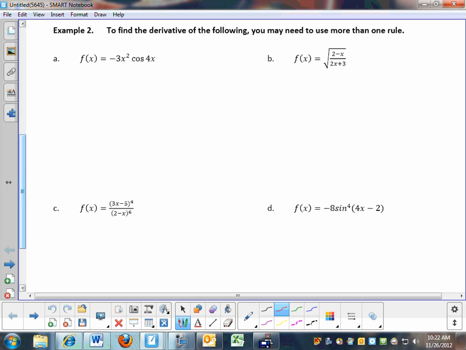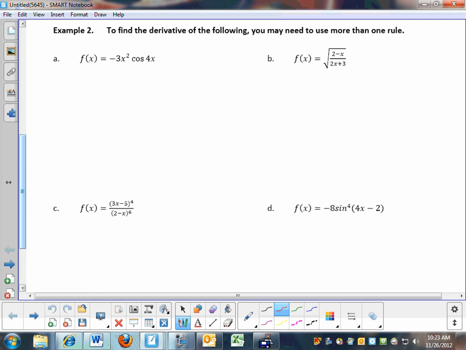So we have two rules that are needed for problem B. We just talked about them. What are they? The quotient and the chain. You can see that you have a quotient that you're taking to a power.